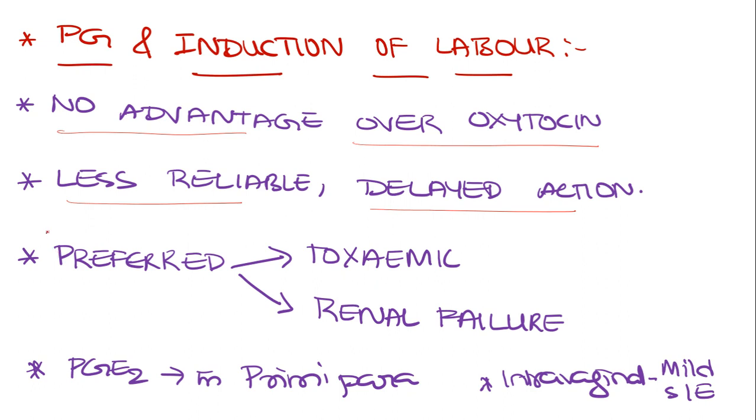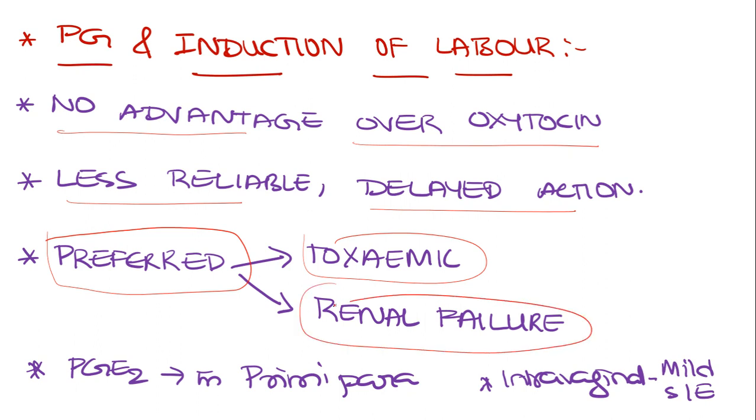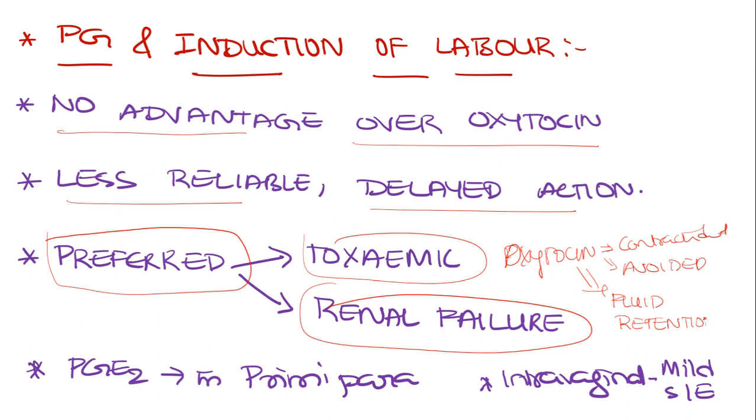Mainly, if you want to use prostaglandin, they are preferred in conditions like toxemia and renal failure where oxytocin is contraindicated or should be avoided because it can lead to fluid retention, because oxytocin at high dose has ADH-like action, which is not seen with the prostaglandins.